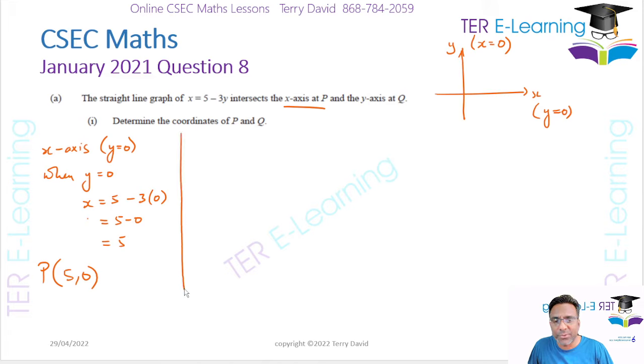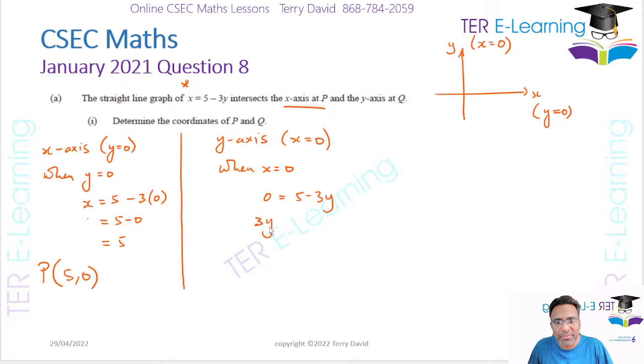Now we need to do the same thing for the y-axis. On the y-axis, x is equal to 0. So when x is equal to 0, we substitute that into the equation of the line: 0 is equal to 5 minus 3y.